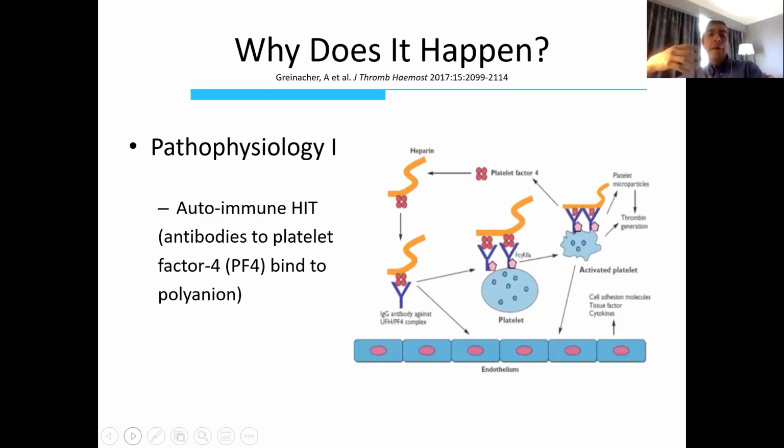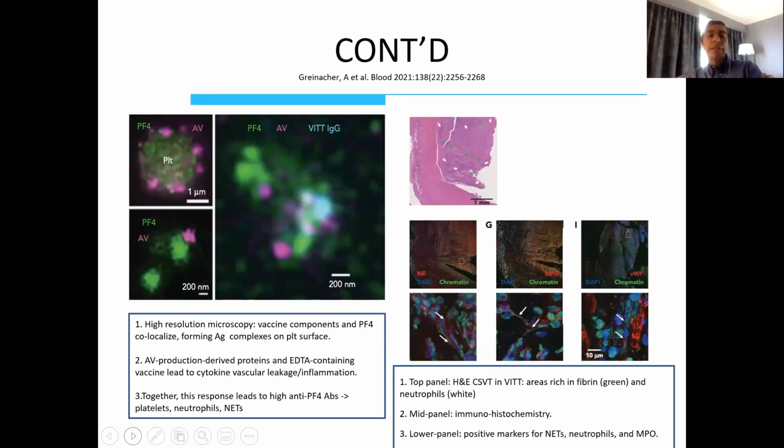Autoimmune HIT happens when a patient is exposed to minute concentrations of heparin. Next slide, please. The pathophysiology of autoimmune HIT seems similar to what occurs in individuals exposed to adenovirus-based vaccines.